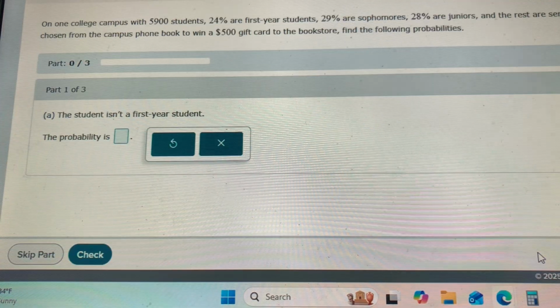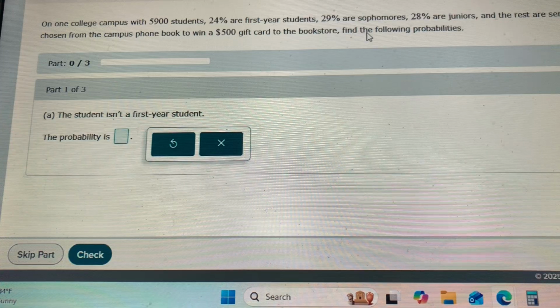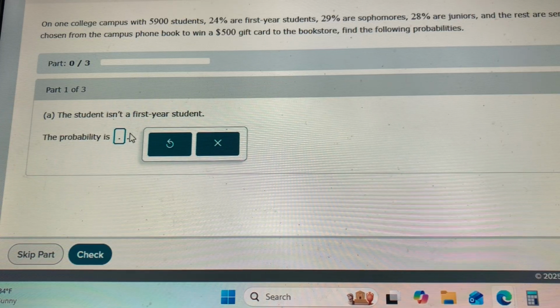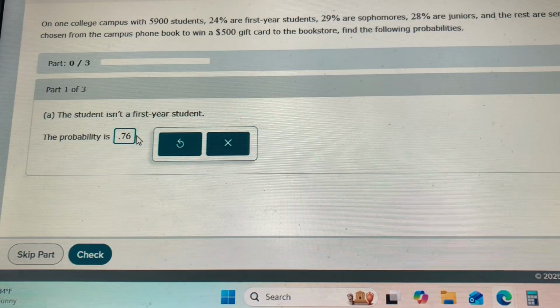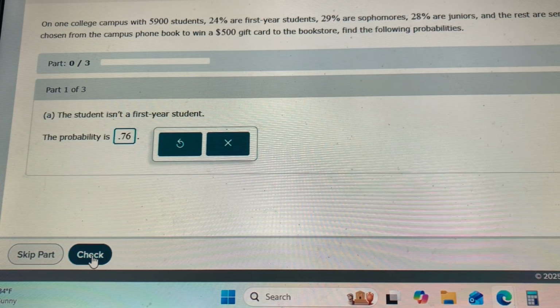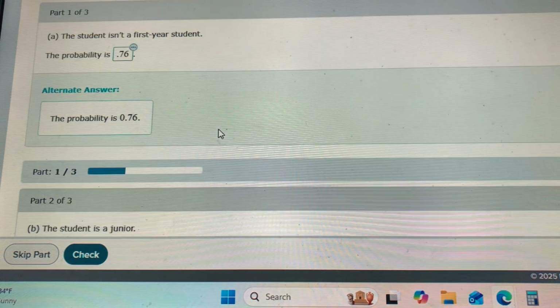So if you want to do this problem directly, you can, but you have to add 29% plus 28% plus figure out how many seniors there are and add that to it as well. That's 4 things you have to do. This is one thing. 1 minus 0.24 is 0.76. I don't see the percent symbol here, so I think they want this left as a decimal. Yes. So only change it back to a percent if the percent symbol is waiting in the answer box.